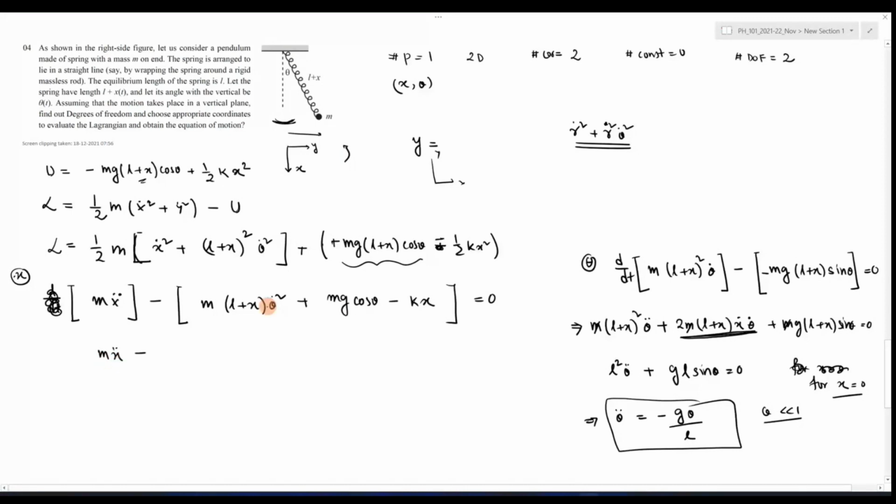This term will not remain, or this term will be there. So let us put this along here. It will oscillate like this, so it will become mg plus kx equal to 0. This is the equation of the spring.